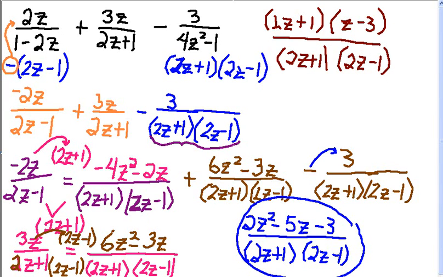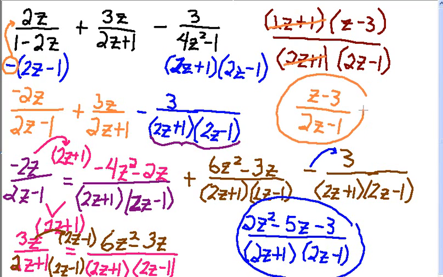In this particular case, notice that my 2z plus 1's would cancel. And the simplified answer would be z minus 3 over 2z minus 1. So we always want to factor our numerator if we can and see if it reduces down to something. And in this case, it did.